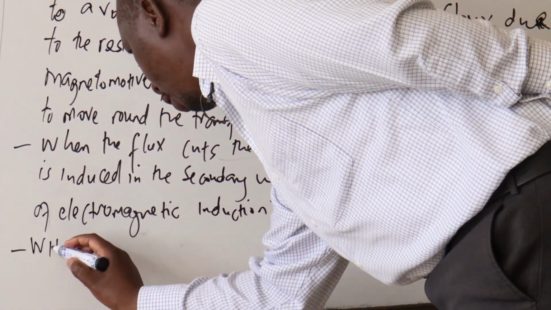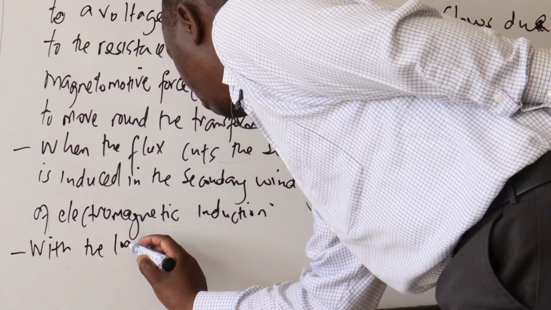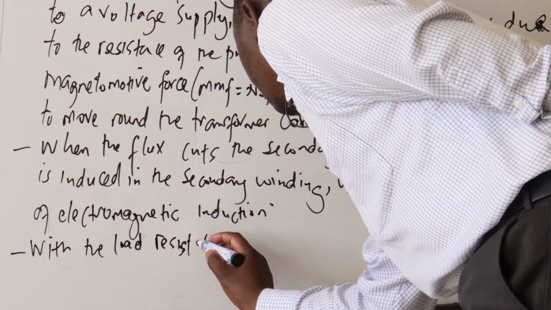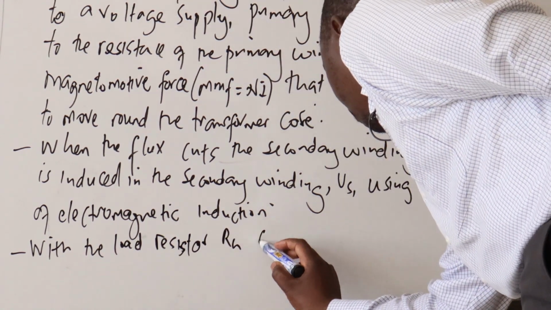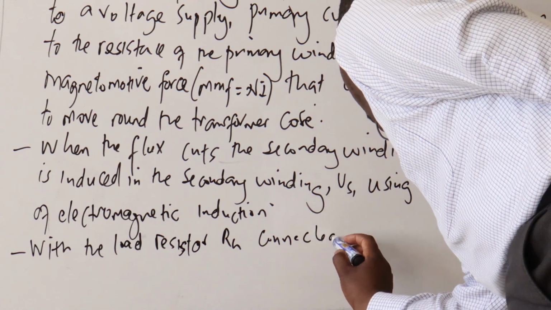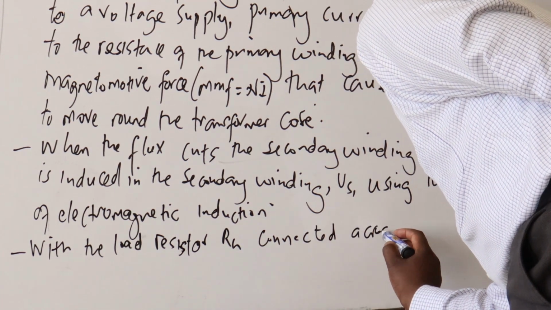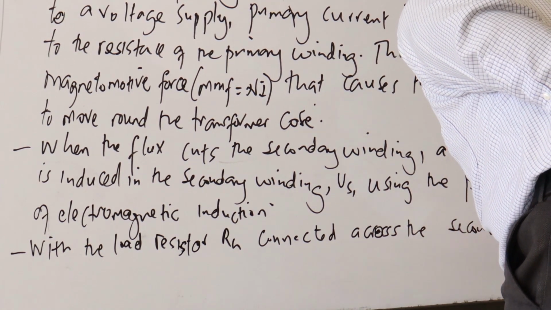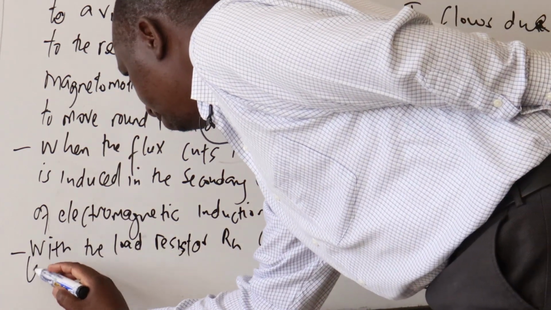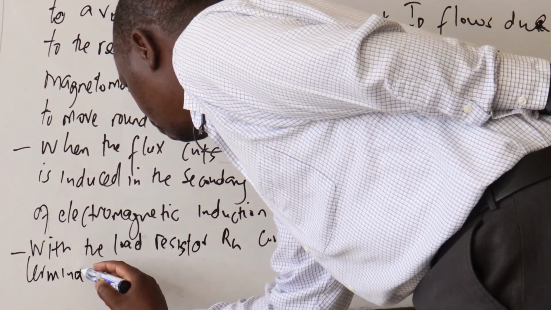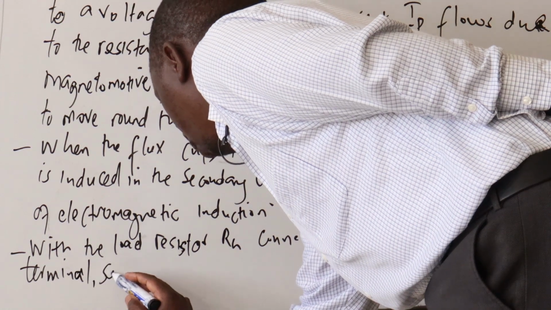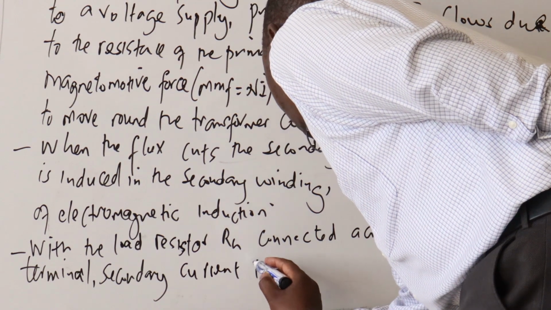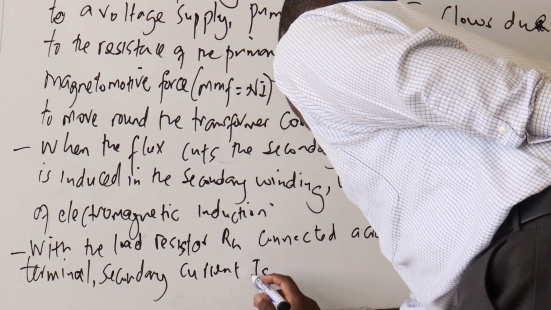The last statement: with the load resistor RL connected across the secondary terminal, secondary current IS flows.